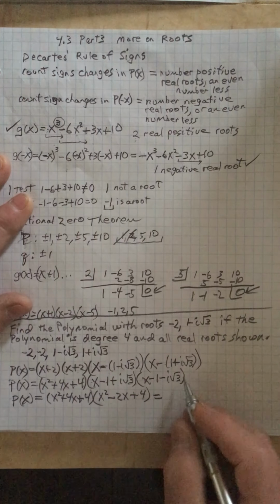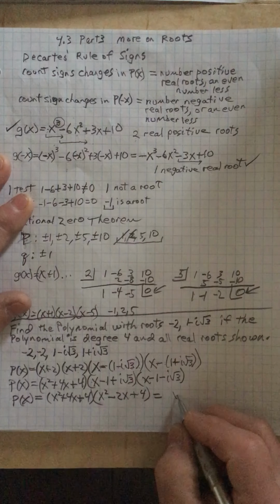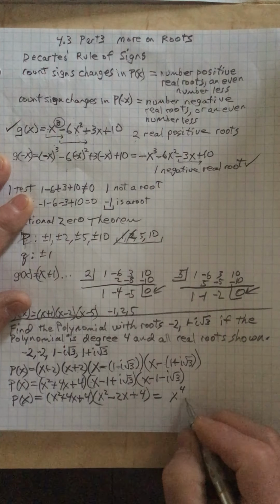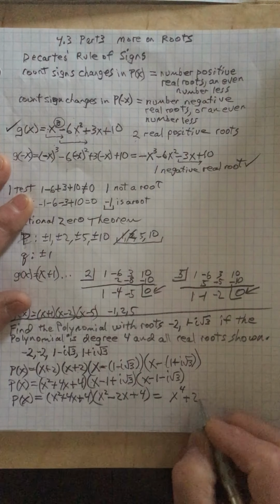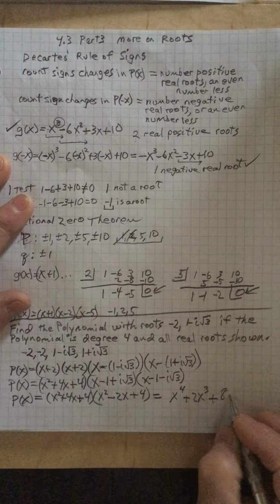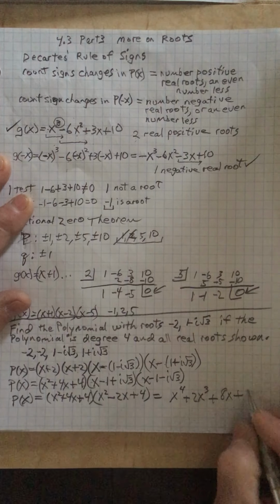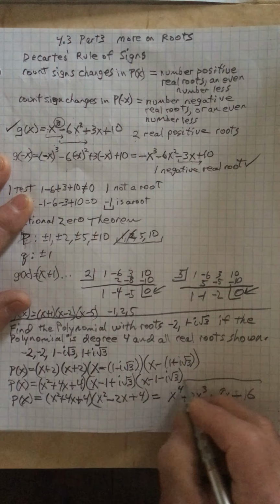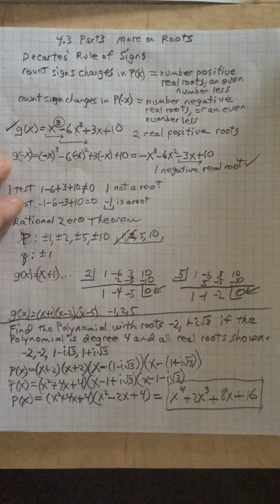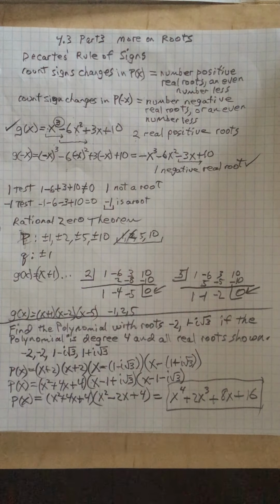And if you figure all this out, you should come up with this one right here. Unless I made a mistake, that's the polynomial. And that wraps it up for 4.3.